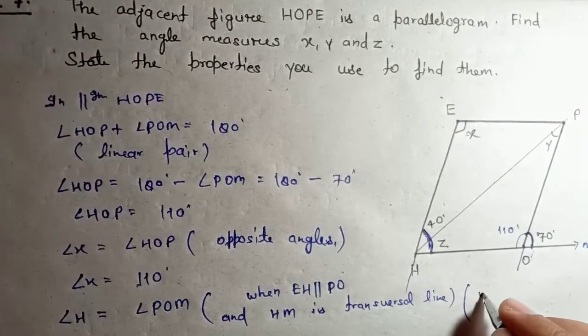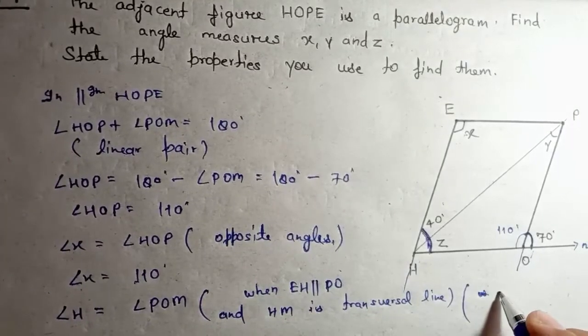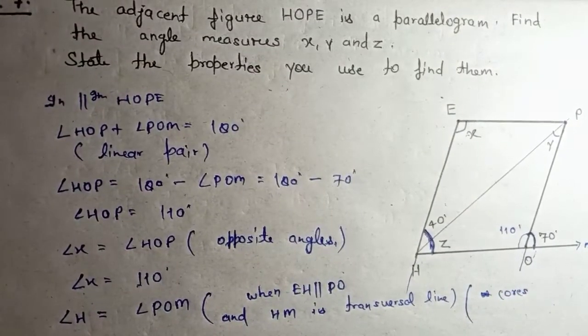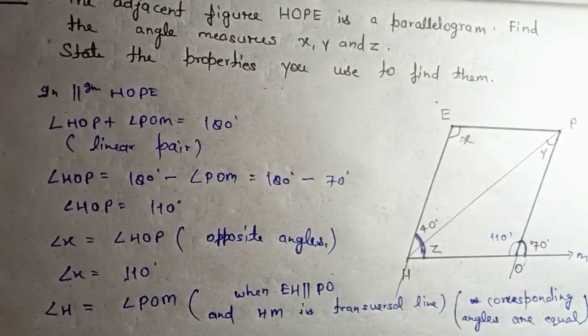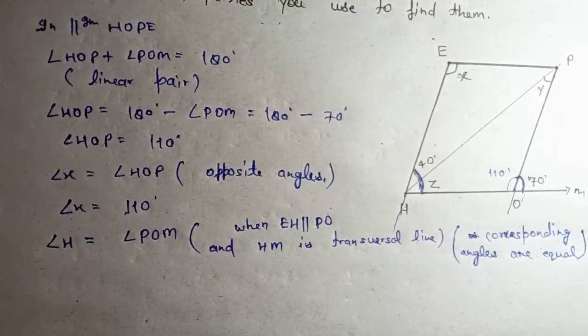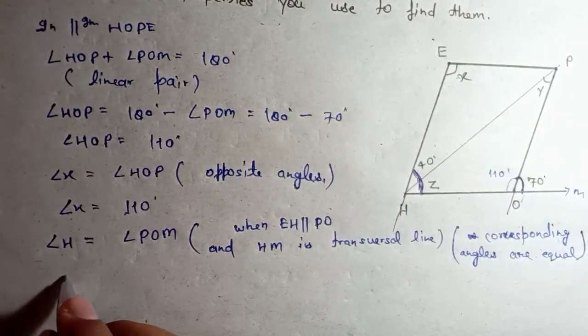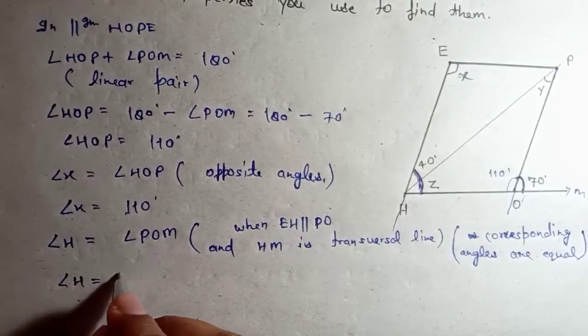we have corresponding angles equal. So in this case we have angle H is equal to 70 degrees.